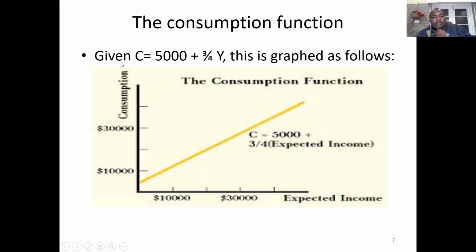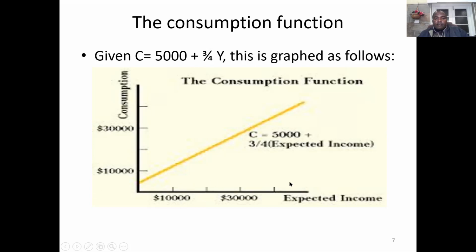So on slide number 7, we see a simple consumption function, which is given as C equals 5,000 as our autonomous consumption, plus 3/4 of Y, 3/4 of Y being the income-induced part of consumption. So halfway between 0 and 10,000, we've got 5,000.